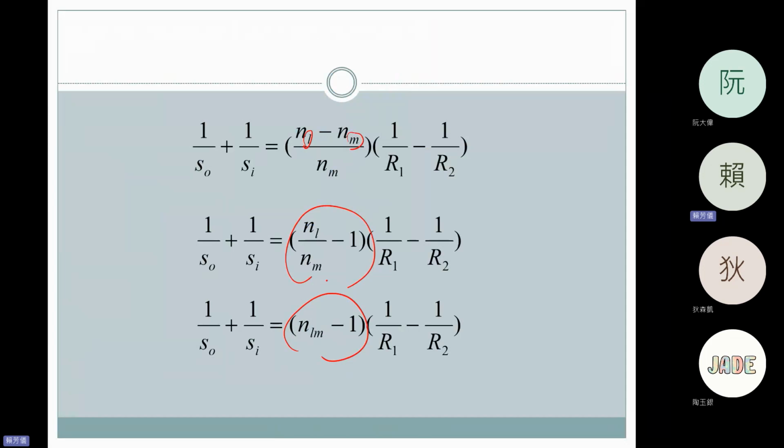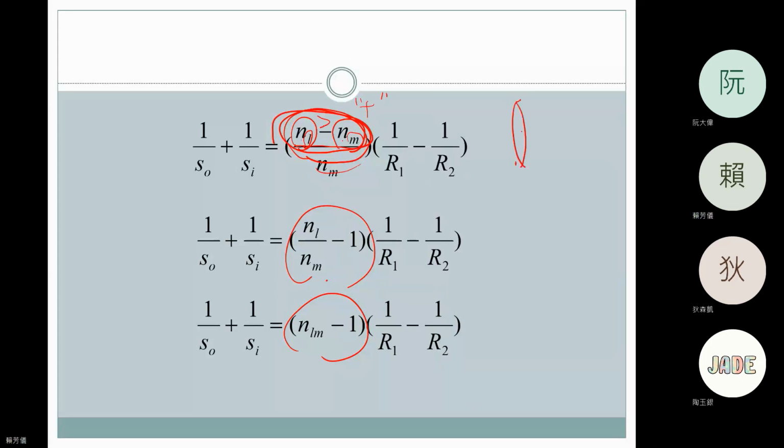It depends on the relationship between the lens and the material. If the refractive index of the lens is larger than that of the material, then this becomes positive, so that is a convergent lens.